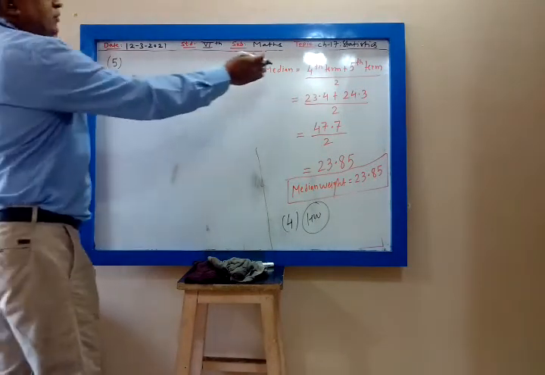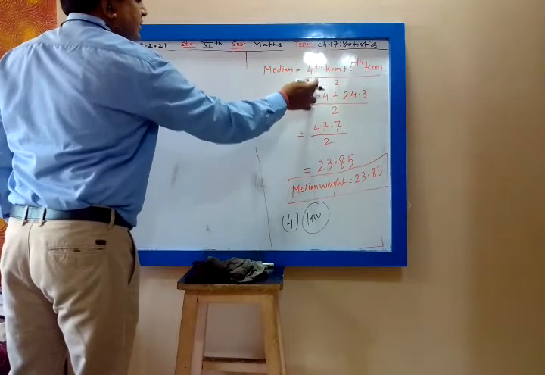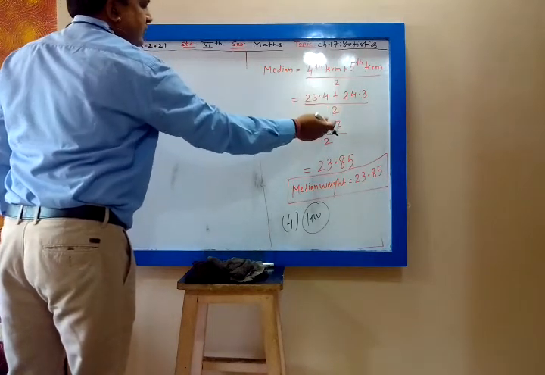My dear, median is fourth term plus fifth term divide by 2. Fourth term is this, fifth term is this, divide by 2.